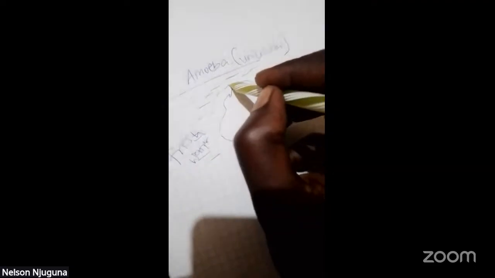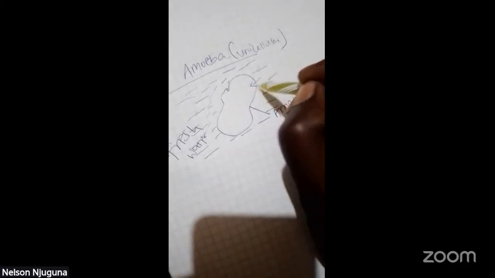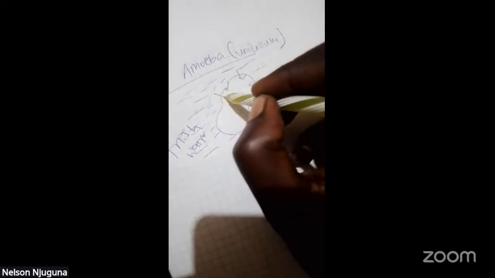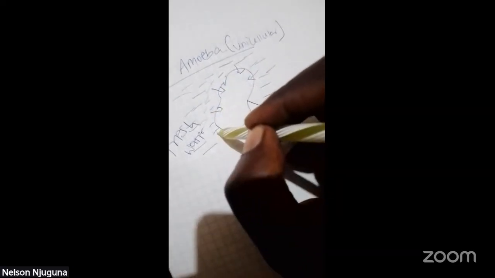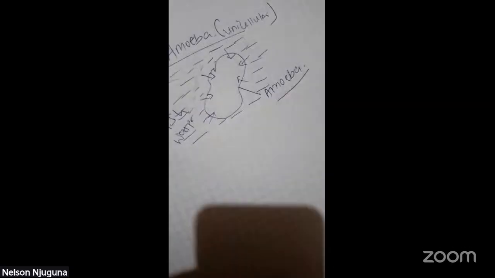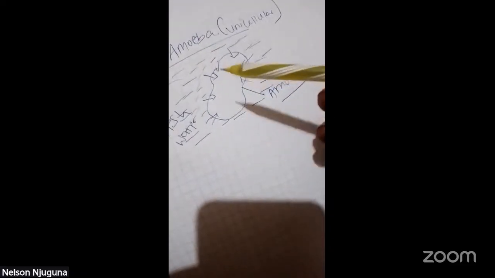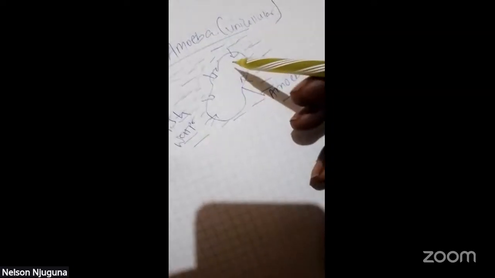So what happens is, this animal, because it lives in fresh water, water will have to move inside, okay, because it is living in water. So at some point, the cell membrane will allow water to move inside. So this animal cell will gain water. When it gains water, it can burst because it is getting too much water.